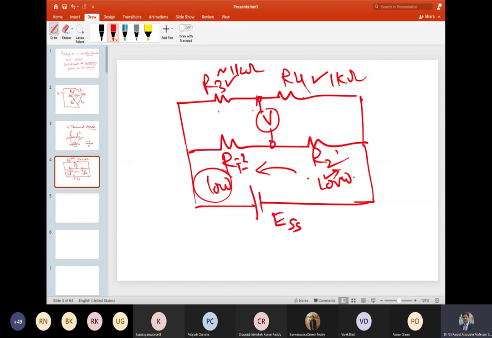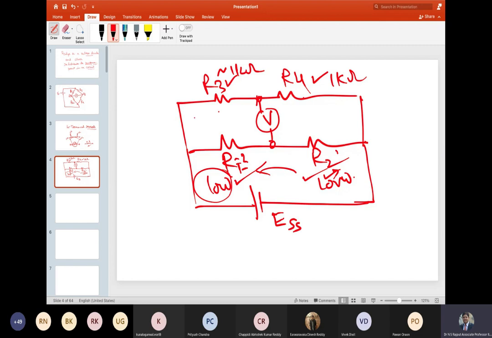To distribute the voltages in the right ratio, if you are trying to measure a low unknown resistance, you should have another known resistance of low value.